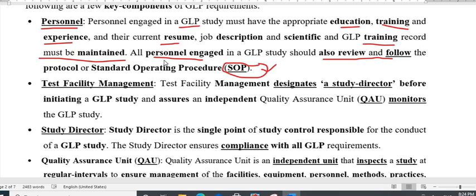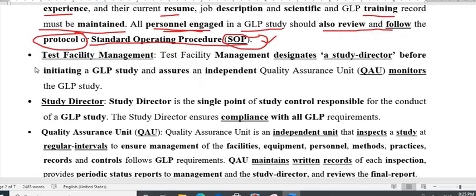What it means is that the personnel involved in research work under the GLP guideline have to follow a particular experimental protocol that should be written, which we call a standard operating procedure. So when you follow a particular standard operating procedure, it should be reproducible.